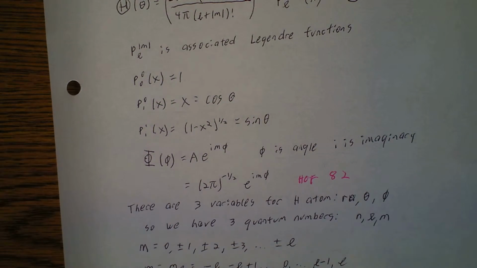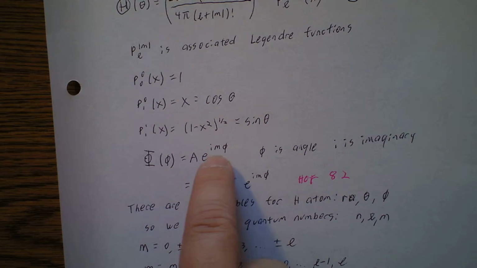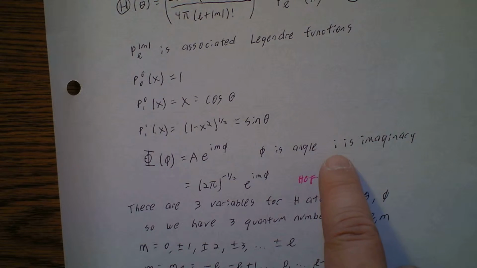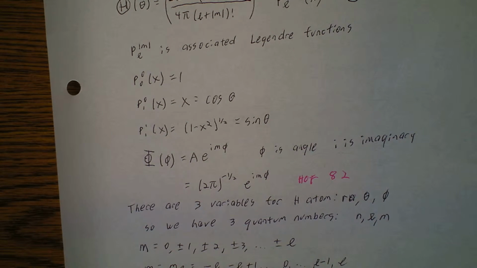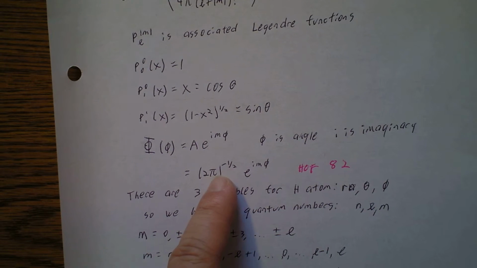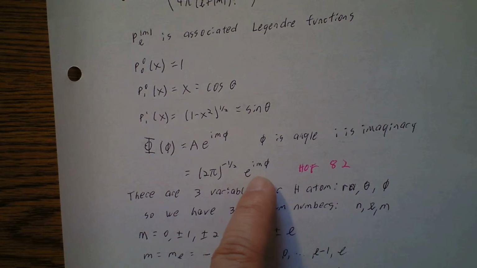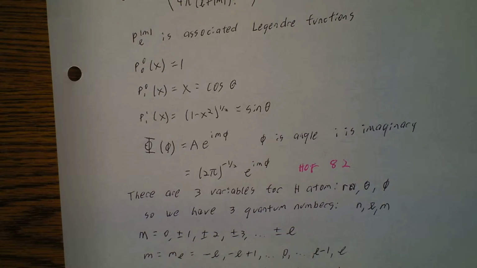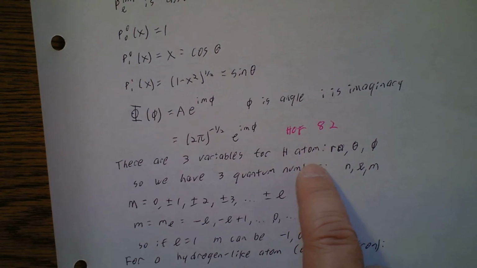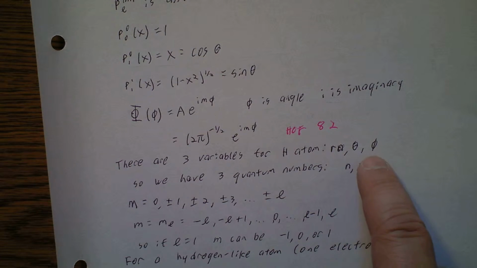So we get phi of phi is equal to A times e to the i m phi, whatever you call it. Remember, phi is the angle, and i is the imaginary number, square root of minus 1. So we have 1 over the square root of 2 pi, times e to the i m phi. Now there are 3 variables for a hydrogen atom: the radius, the angle theta, and the angle phi.